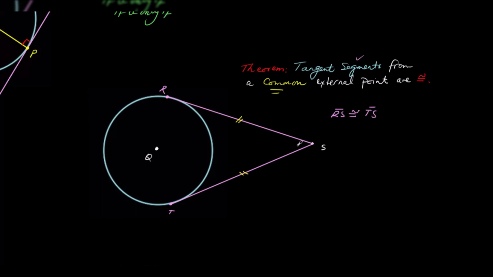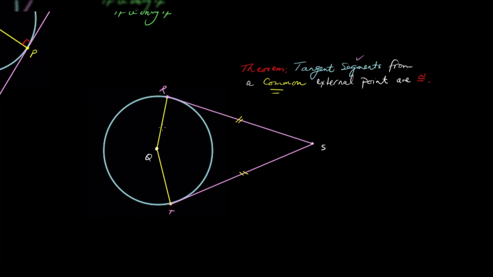Now this is actually pretty easy to prove from the theorem that we just had before. If we just draw the two radii here, I'm going to draw the radius over here in a nice bright color. Here's the radius QR, and here's another radius QT.